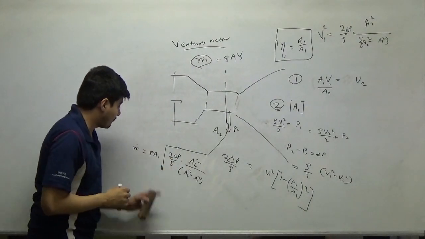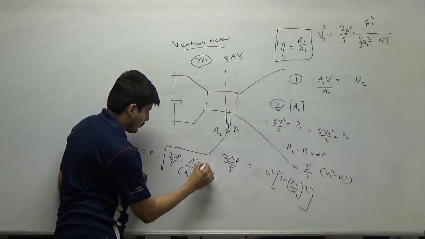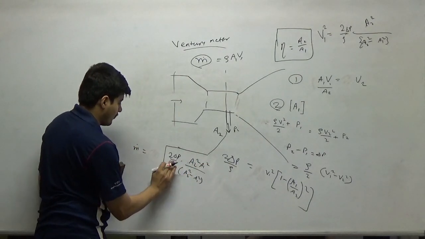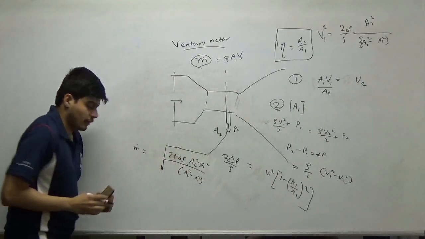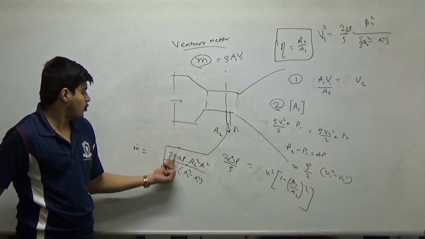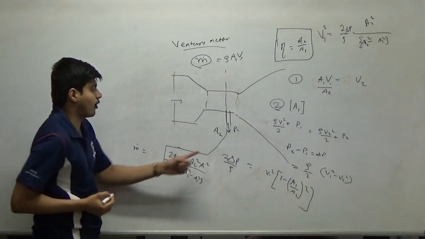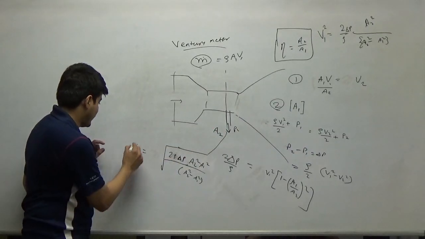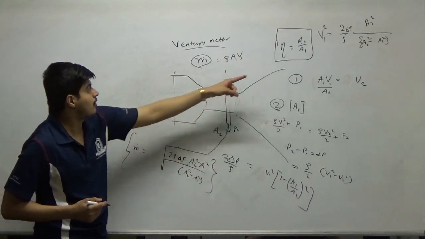That also tells me the fact that now A1 can go inside and become A1 square here, and rho will appear in the numerator. Which means, if I know my fluid property rho and I know the pressure tapping reading from this venturi, I can estimate the mass flow rate in terms of eta.